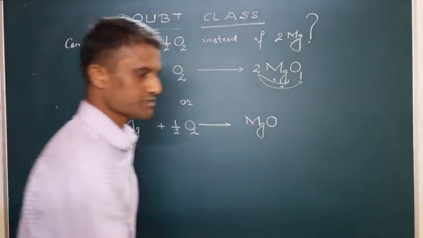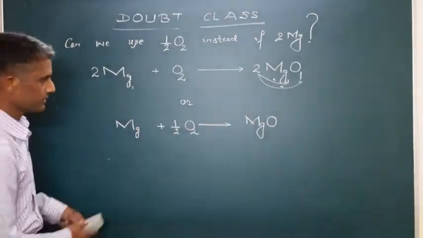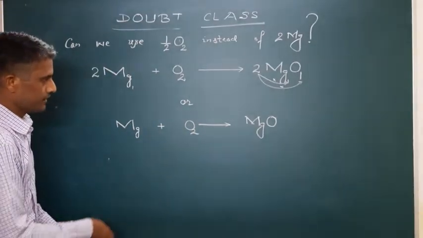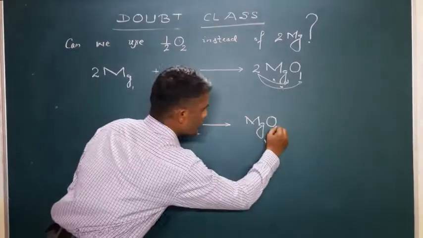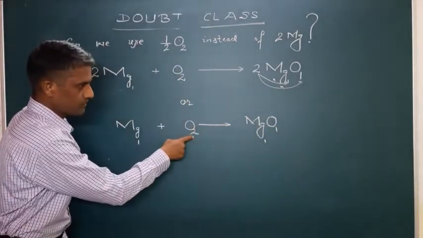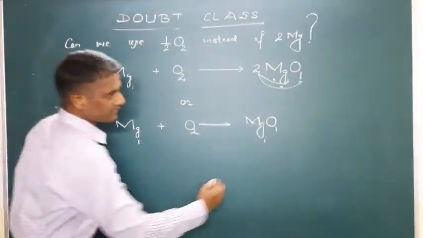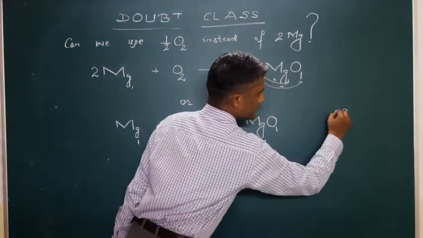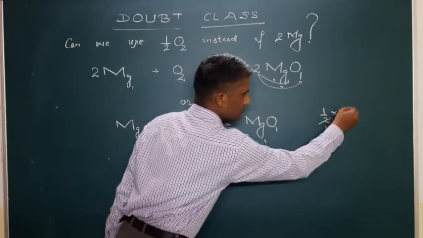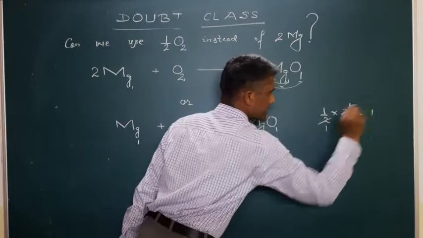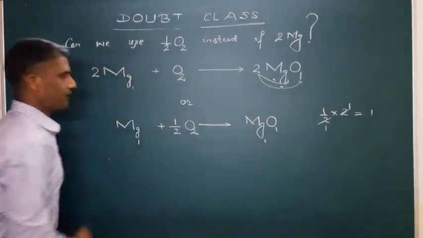Here in this part, Mg is 1, Mg is 1, oxygen is 1, oxygen is 2. So if 2 is multiplied by half, then what's going to happen? 2 ones are 2, 2 ones are 2, and it stands equal to 1. So here it is 1 by 2, 1 upon 2.